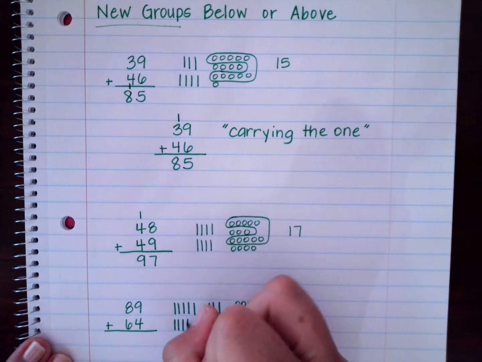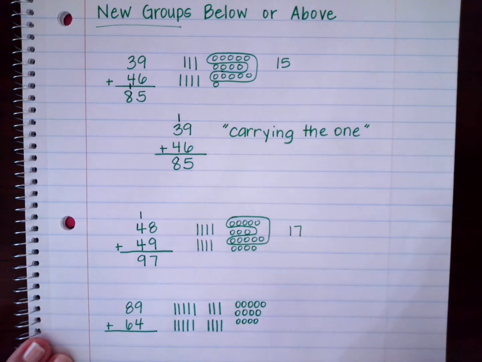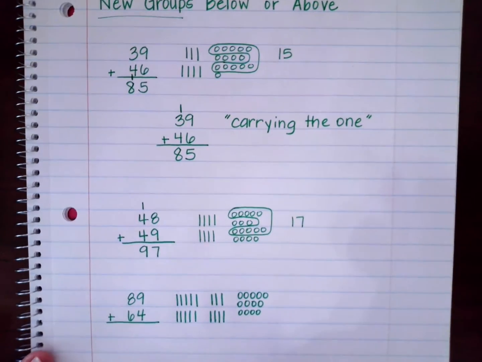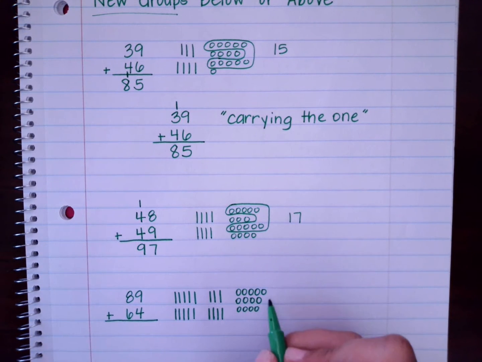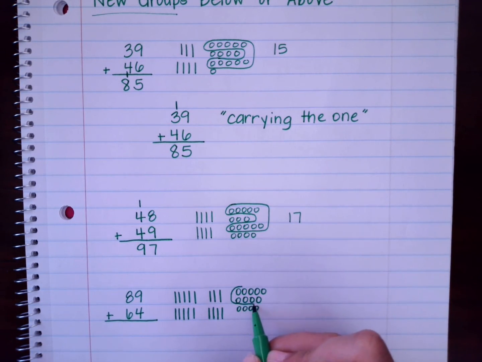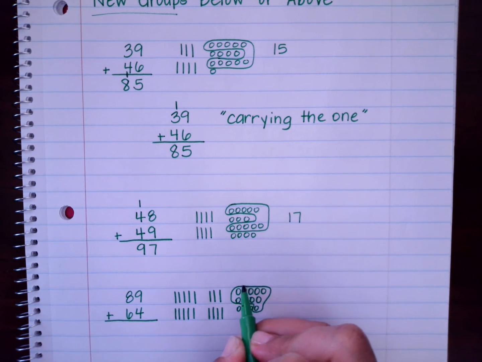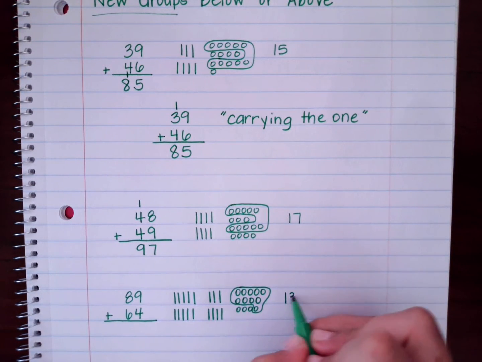And 64. And now I can circle to see if I have a group of 10. So I do have a group of 10. This is 9, so I just need 1 extra. So I know I have 10, 11, 12, 13, right?